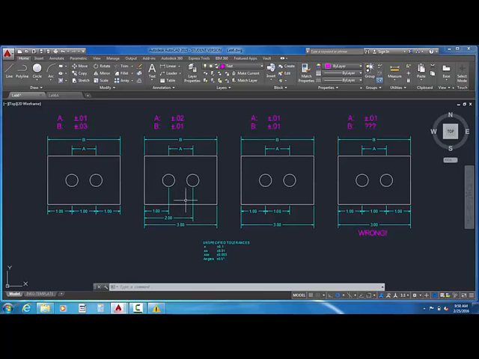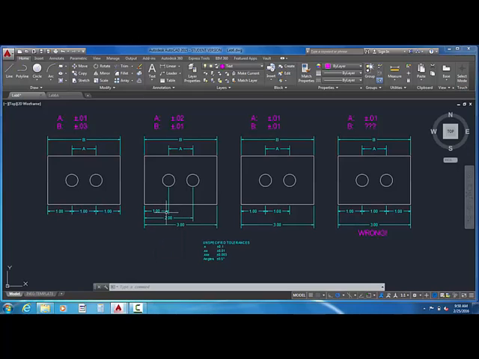If we move over to this part, now that I've chosen to baseline, the same cannot be said of dimension A. Note that this dimension can be as small as 0.99, and this dimension can be as large as 2.01. That means that the distance between the holes could be as much as 1.02.